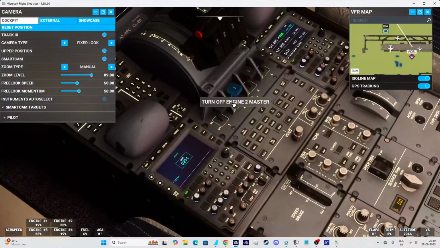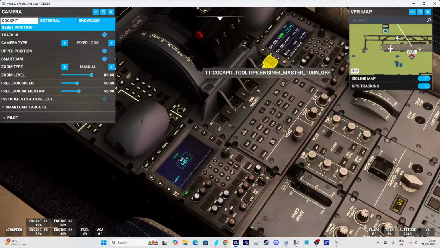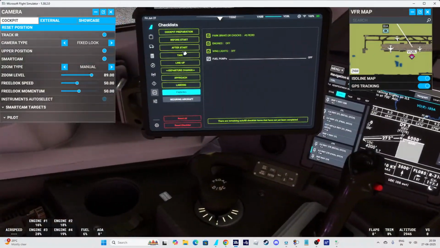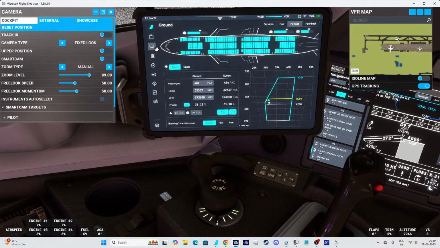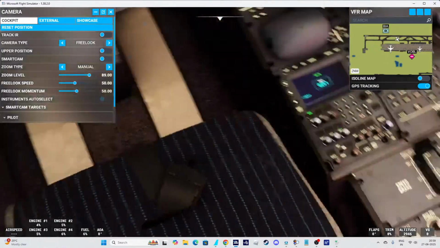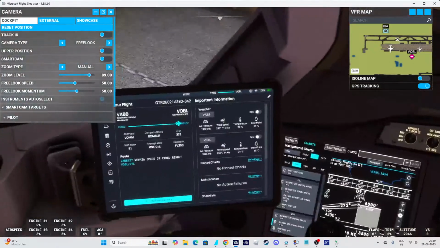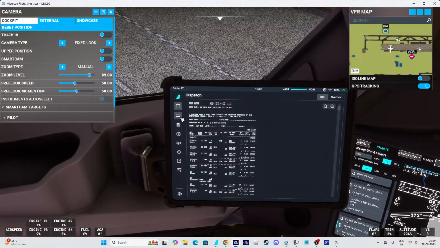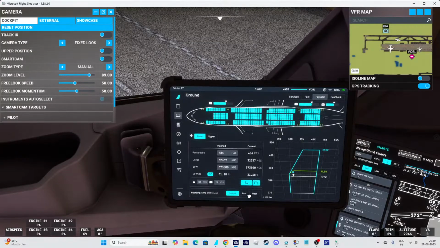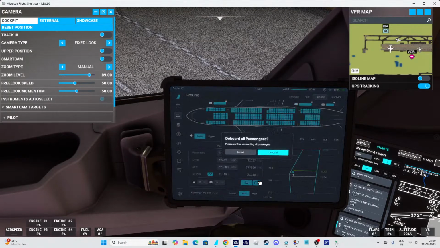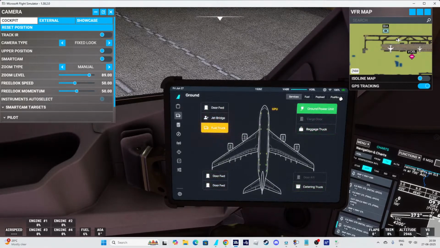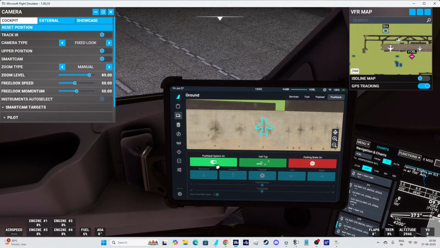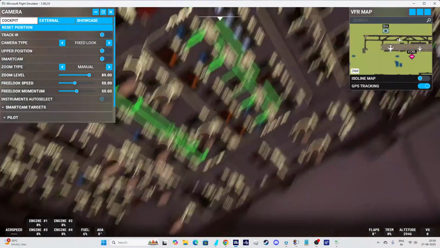Time to turn off the engines. Alpha engines shut down. Okay, we are still connected. Okay, that's good. Let's start our deboarding. Just keep that off. Now let's do the fuel pumps.